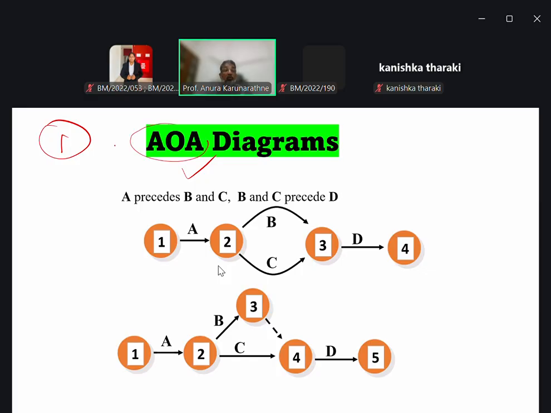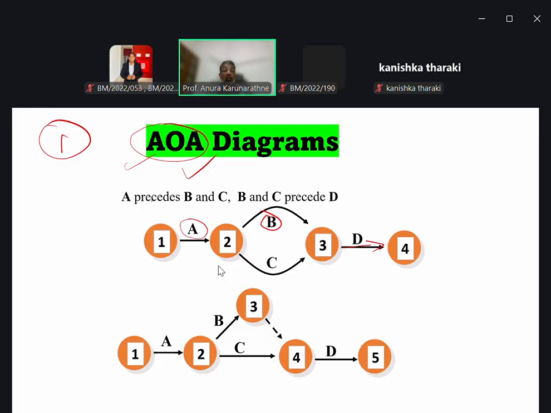From this point onward, we are going to practice the AOA method. We explain activities through arrows. But when we are preparing the network diagram, there are some rules and regulations to follow.